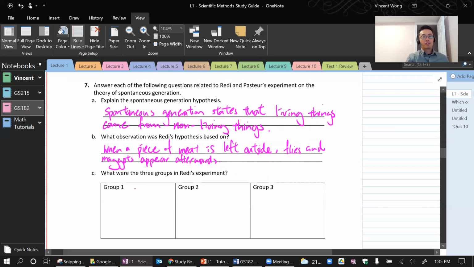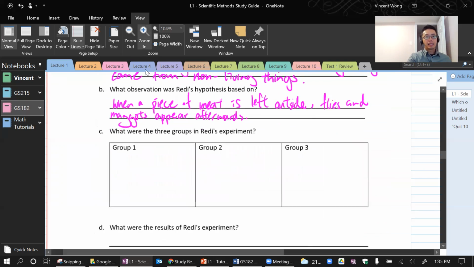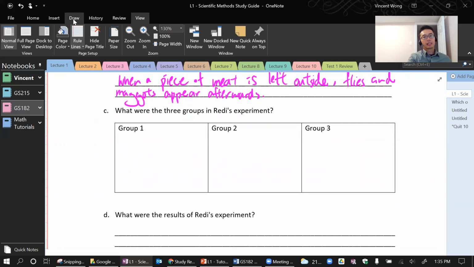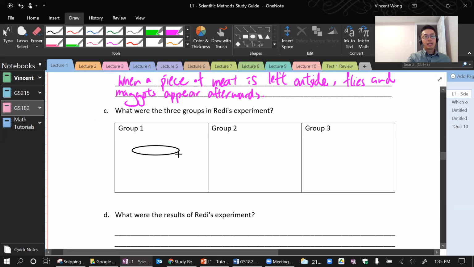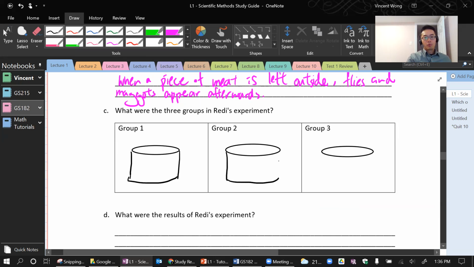So to test the hypothesis, Redi did an experiment, and I explained this experiment in the recordings, but here we go again. He divided the setup into three groups. So he has three jars: group number 1, group number 2, and group number 3.